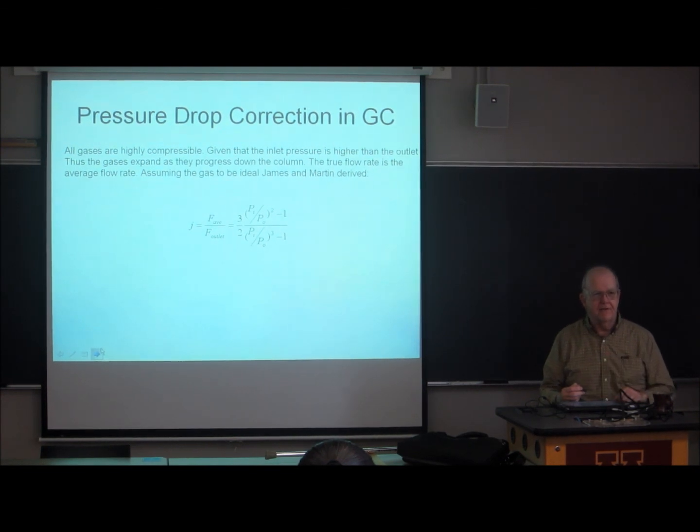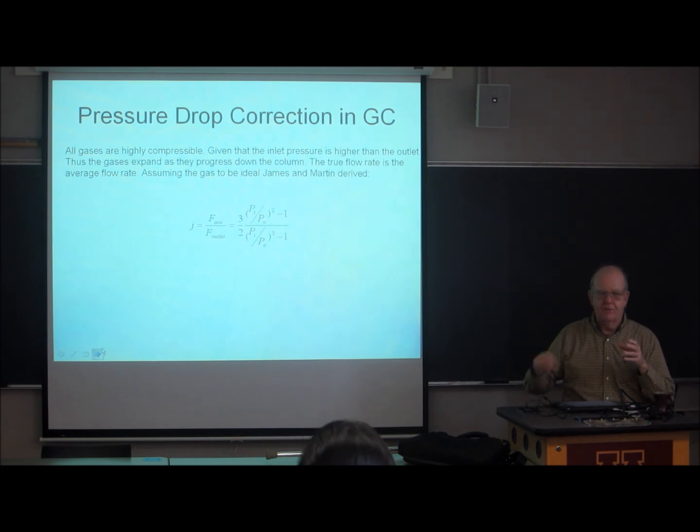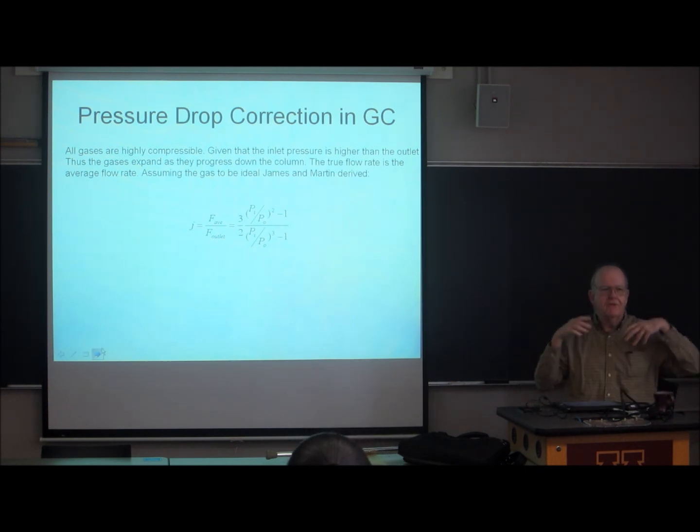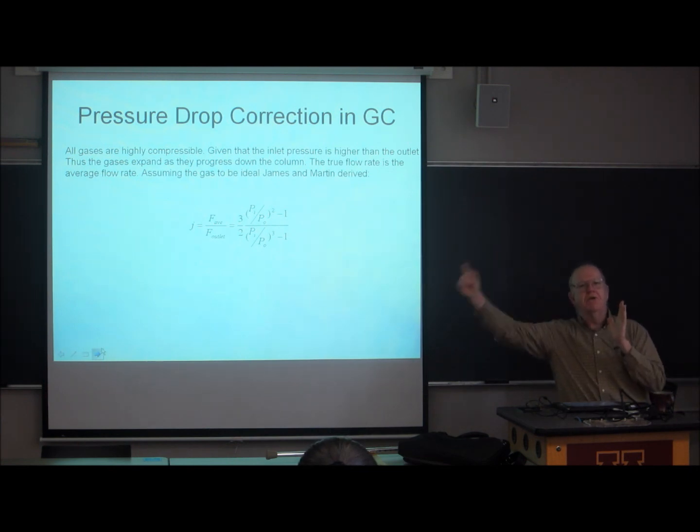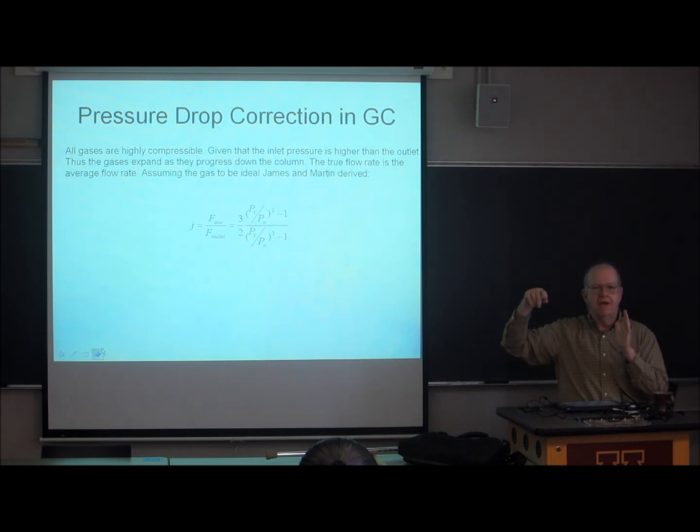PV is a constant. Flow rate is just the derivative of the volume with respect to time. P times flow rate is a constant, so it's easy to calculate what the average flow rate is if you know the flow rate at the exit of the column, and you measure the inlet pressure and you measure the outlet pressure.